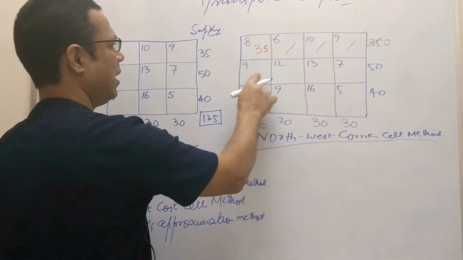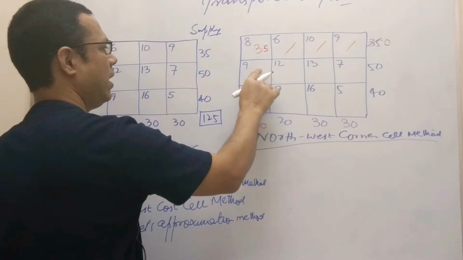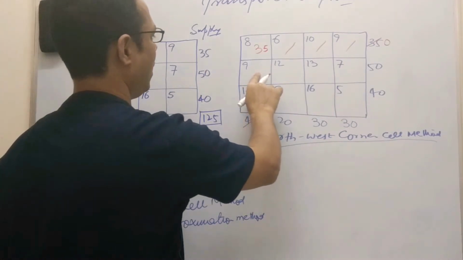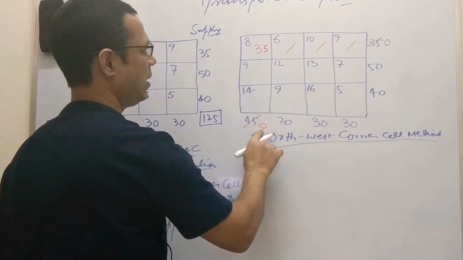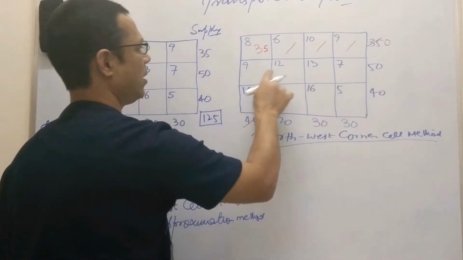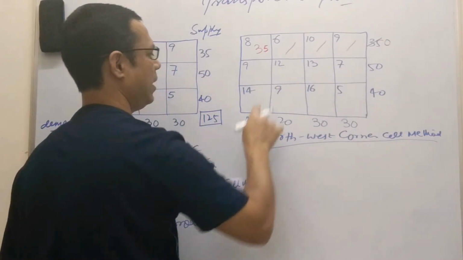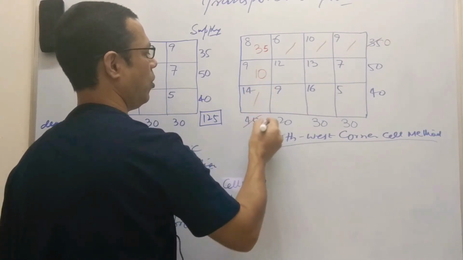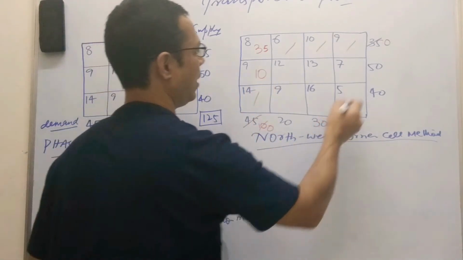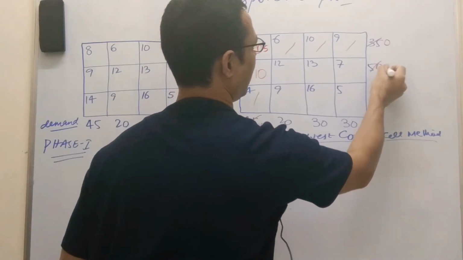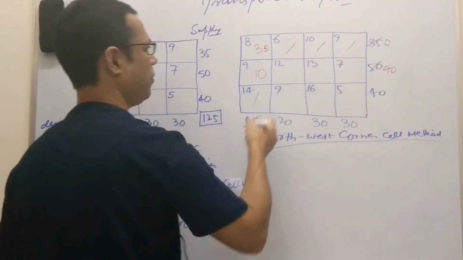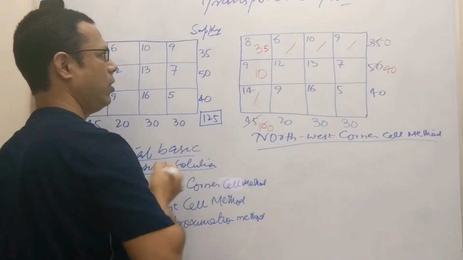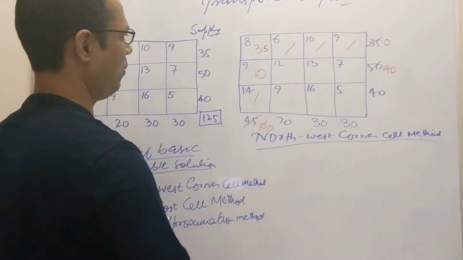Now in the second row, this is the northwest corner cell because this is the leftmost corner, and this 10 and 50, this is the intersection point. 9 is the intersection point of 50 and 10. So 10 is the least. So 10 will shift here because all have been shifted here. There is nothing here, so it will be 40. It means this demand has been fulfilled, so these 45 have finished.